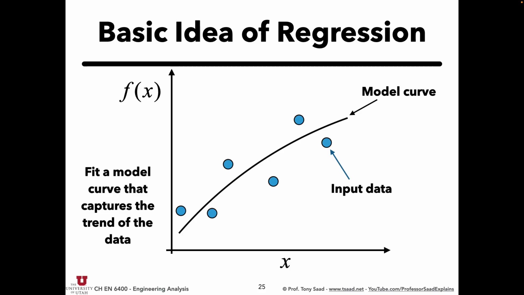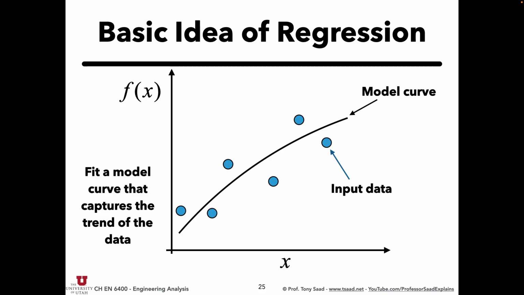And the idea of regression is we want to put a model curve of our choice. We choose the model curve. It could be a straight line, it could be a Gaussian distribution, it could be anything you want, okay? But you are trying to fit it to these points. Now, the way regression works, if you've learned regression before, is we get the model curve and ask how many parameters it has.